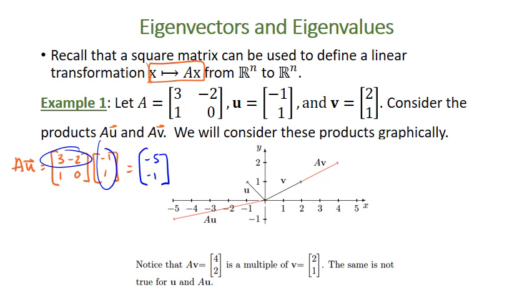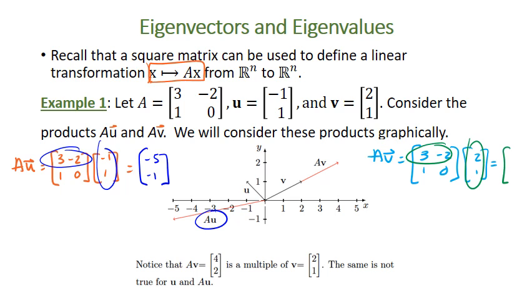Okay, well, that's shown to you here. Same type of thing, if I want to find A times V, I'll take matrix A times vector V, multiply the rows by the columns, and I end up with vector 4, 2, which is demonstrated here.